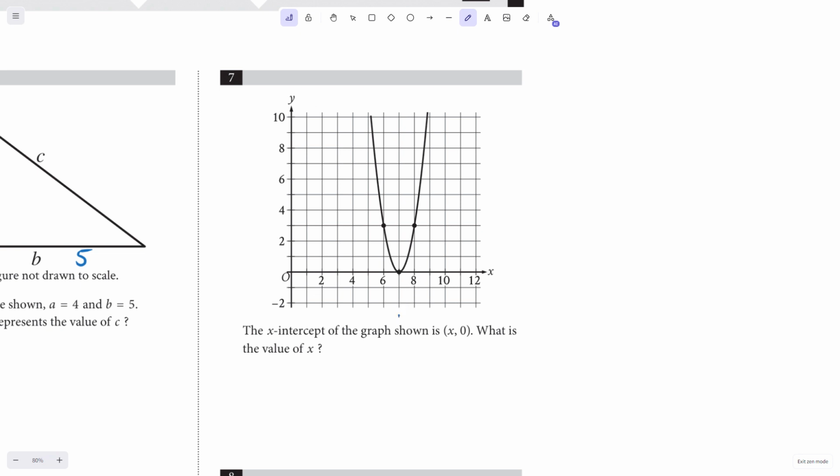This parabola is symmetric around this axis. And look at these points. These are also symmetric around this point. So to find the location of x, all we have to do is find the number between 6 and 8, and it's simple enough to do that. It must be 7. So 7 is the solution to this problem.